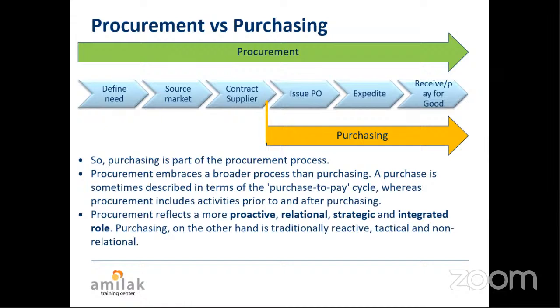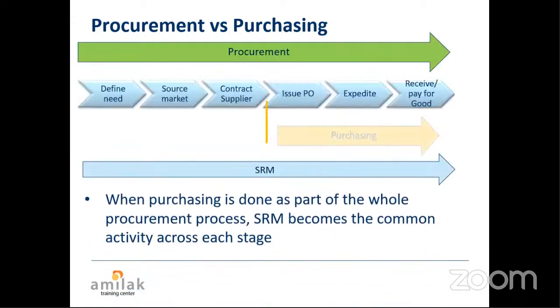It is integrated. Purchasing, on the other hand, is traditionally reactive. You react to the need. The company needs this. You look at, hey, do we have a contract in place? Yes, we do. Let's place an order on the existing contract. That is reactive. It is also tactical and non-relational. However, let me show you this last picture.